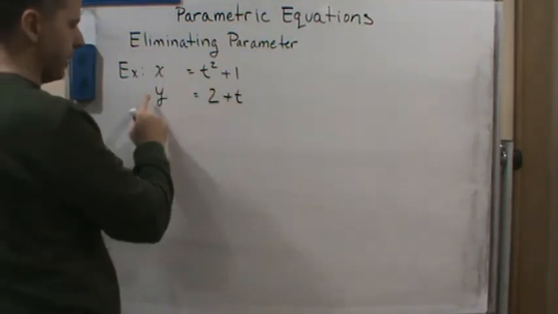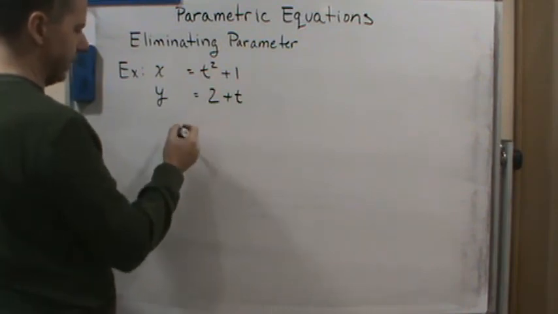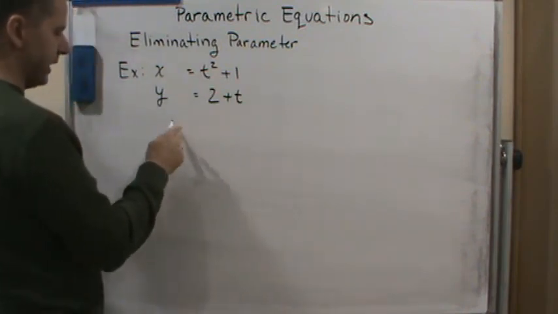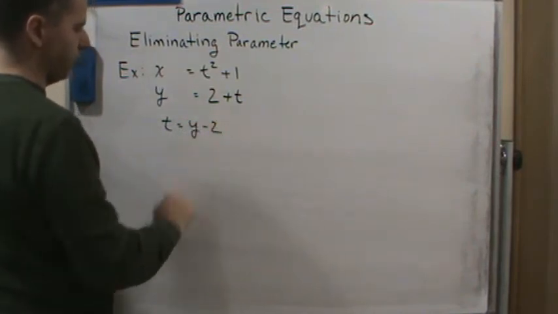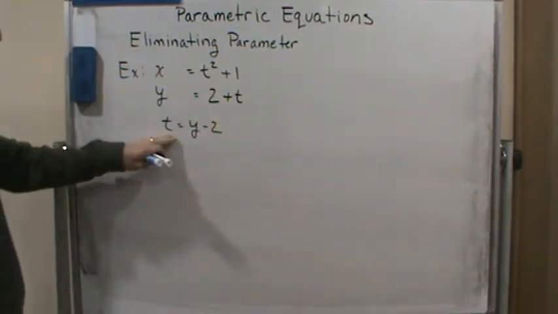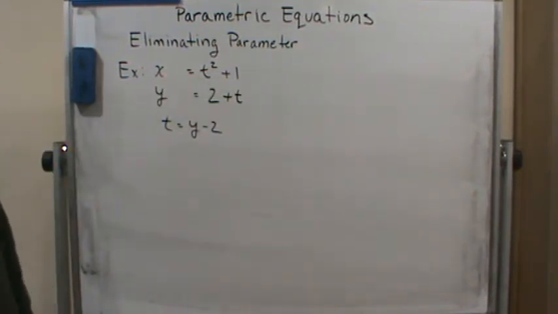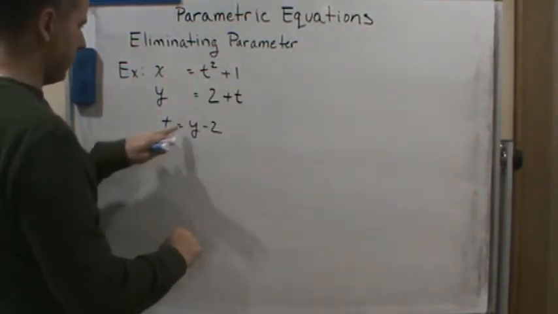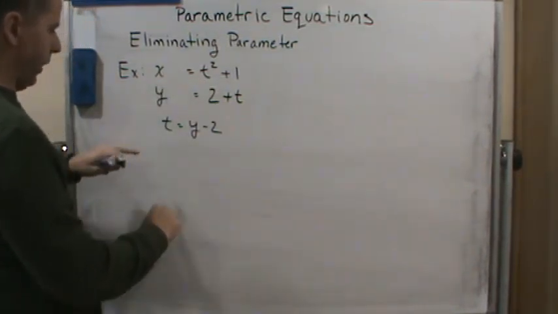What I'm going to do is take my equation for y and solve for t. If I solve this for t, I get t equals y minus 2. And then I'm going to substitute this into the x equation for t.